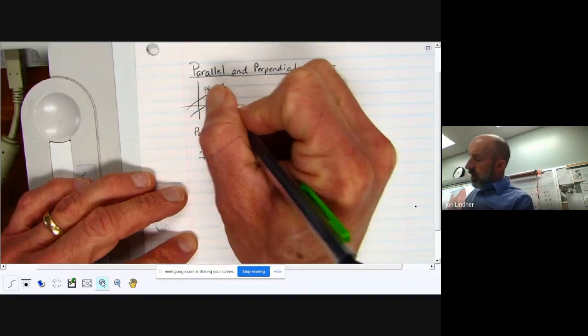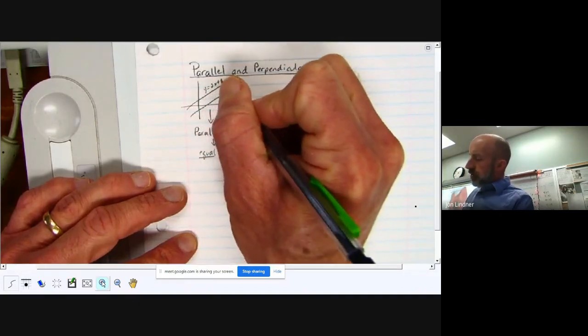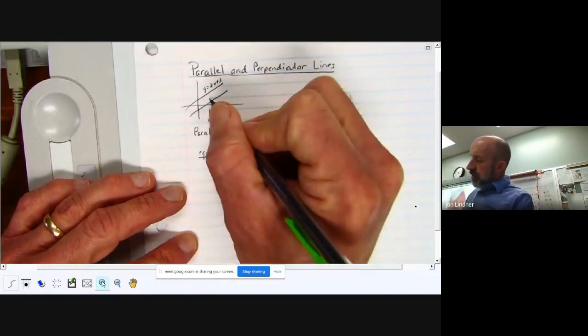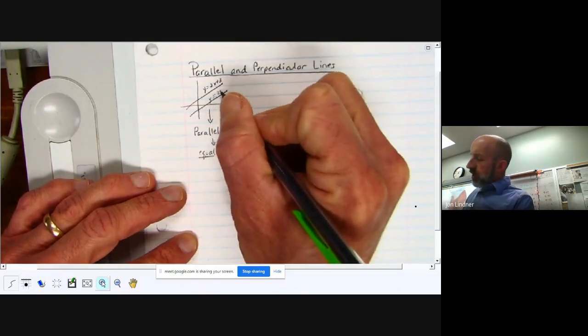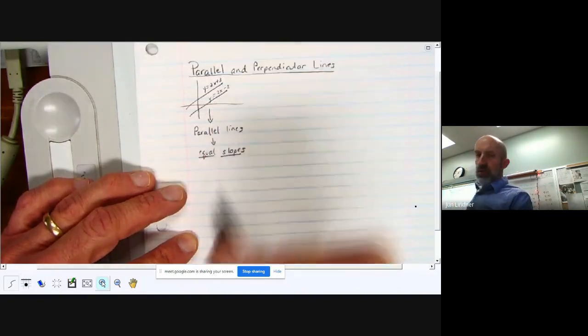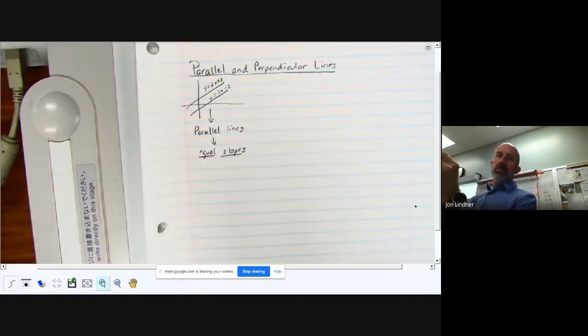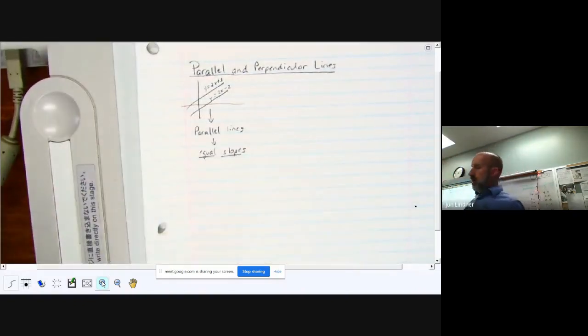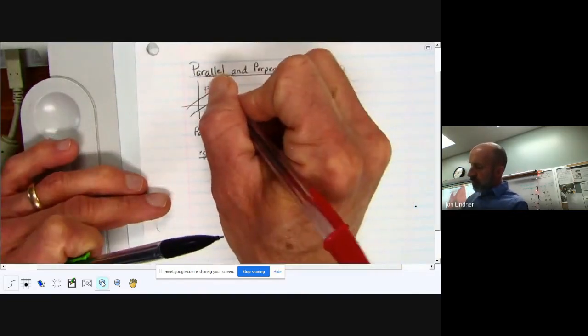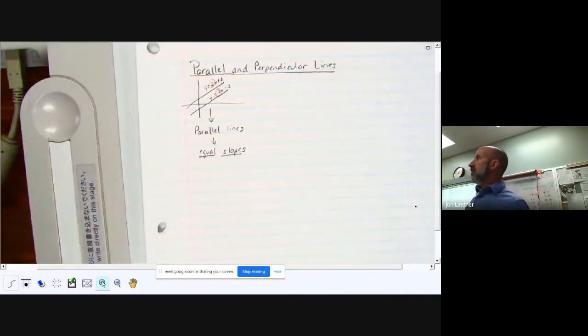If this one was y equals 2x plus 3, this one could be something like y equals 2x minus 2, as an example, because my slopes are the same. Does that make sense?